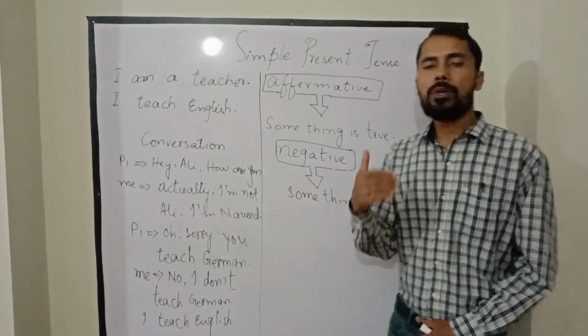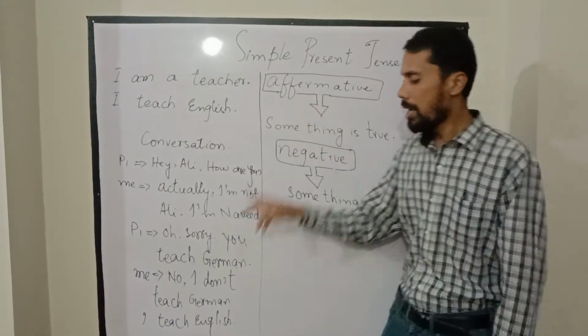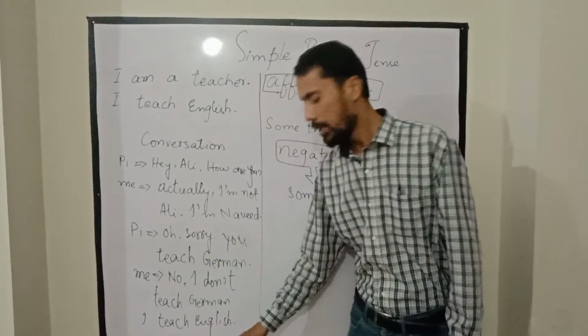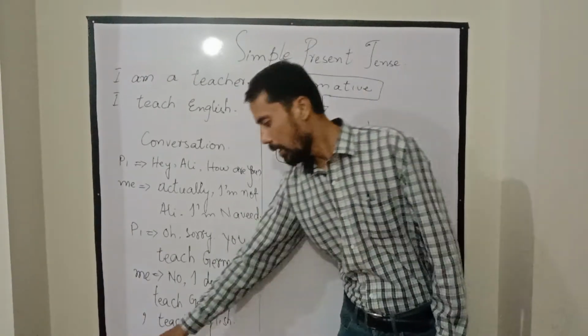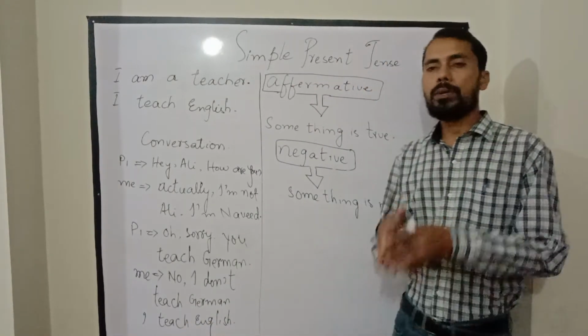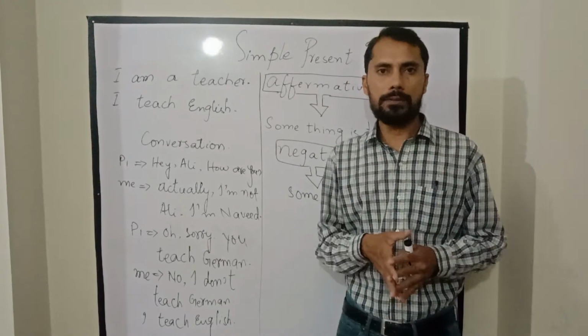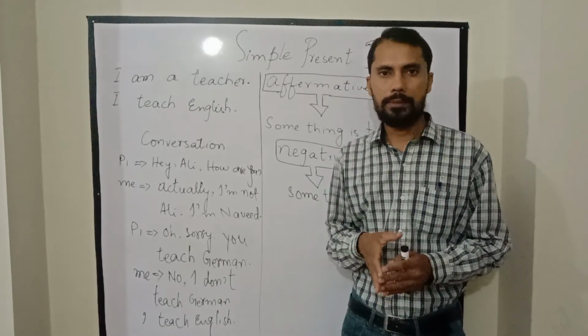And then I'll give the true information using an affirmative sentence. And I'll say, I teach English. So it's very easy to use affirmatives and negatives in our daily life.